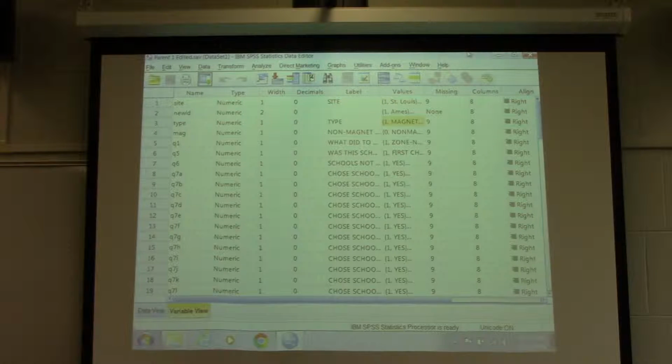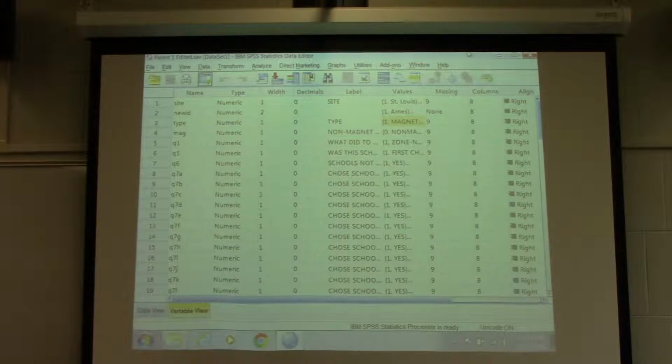I ask parents how often teachers communicate with them about how well their child's doing in school, discipline problems, volunteering at the school, how they can help them with homework, and so forth. And I take a mean of all those items. In this case, in this database, I have two different school types, magnet and non-magnet schools.